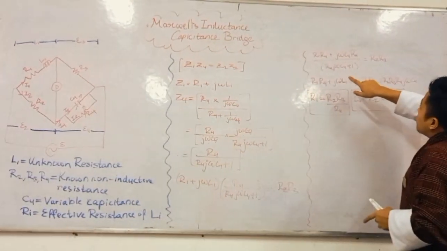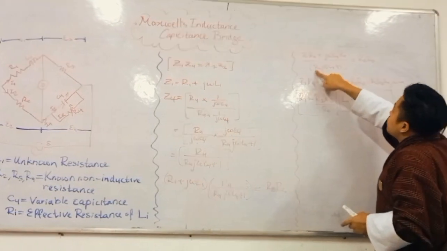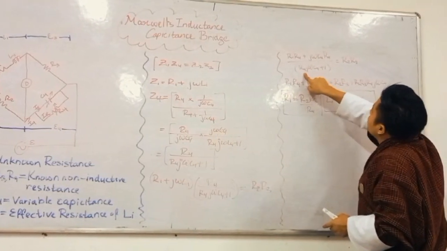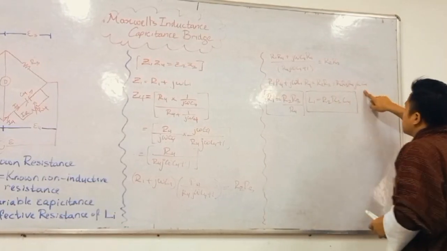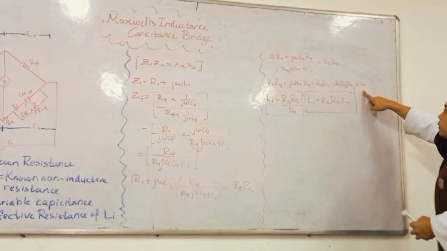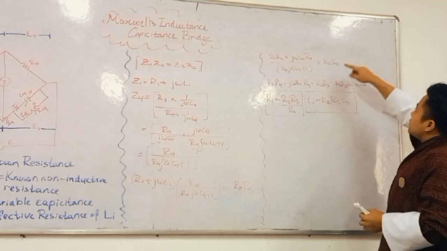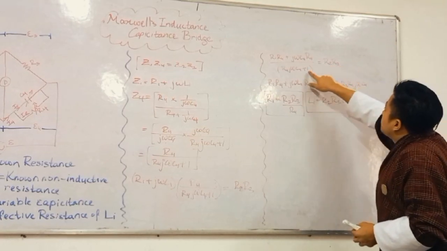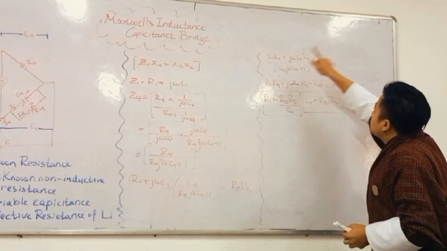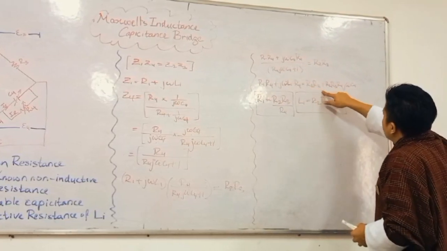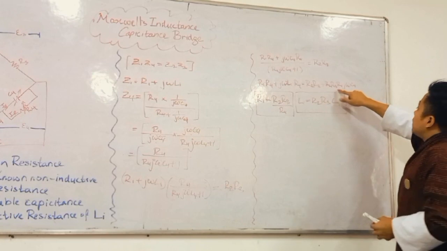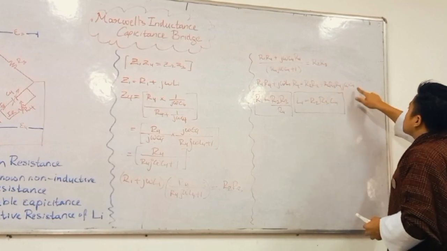Now we take this denominator, R4 j omega C4 plus 1, to the other side. When we do that, R2 plus R3 is multiplied with 1, and it's also multiplied with this value right here. So what we are left with is R2 plus R3 plus R2 R3 R4 j omega C4.